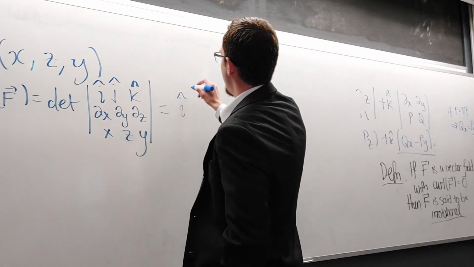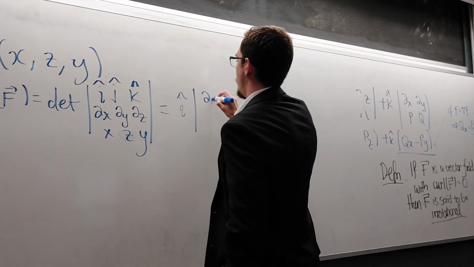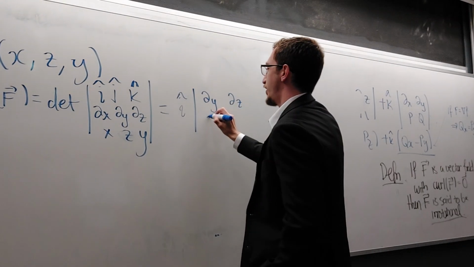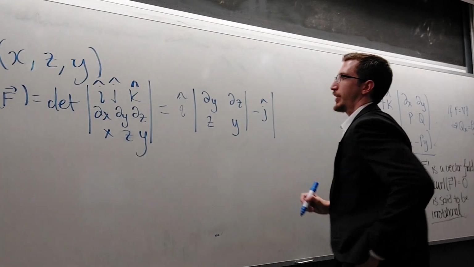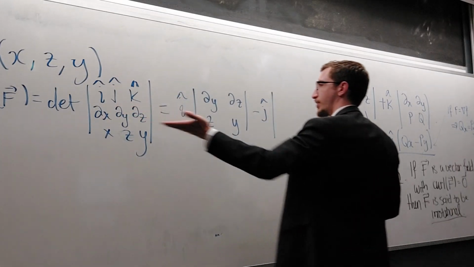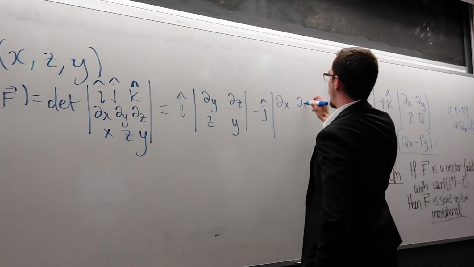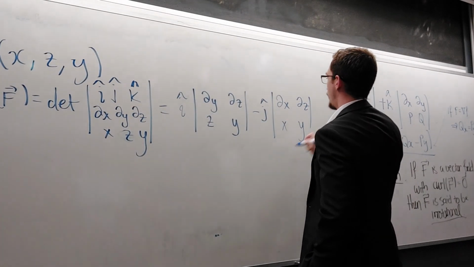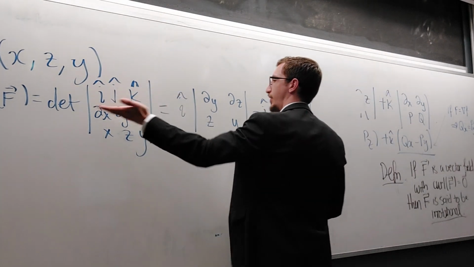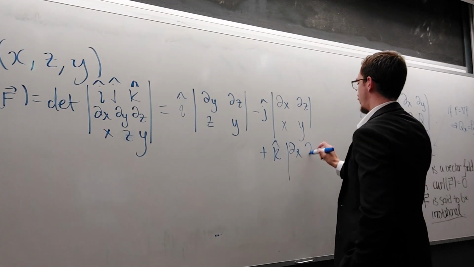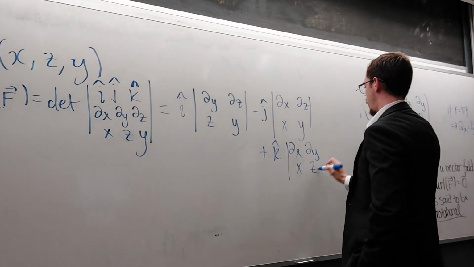Take the determinant, we'll get partial y, partial z, z, y, j hat, so we hide this, hide that, I get partial x, partial z, x, y, plus k hat, hide that, I get partial x, partial y, x, z.